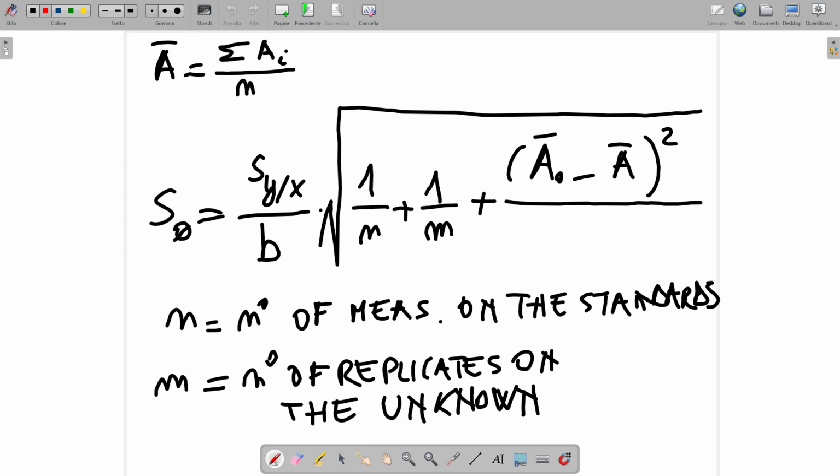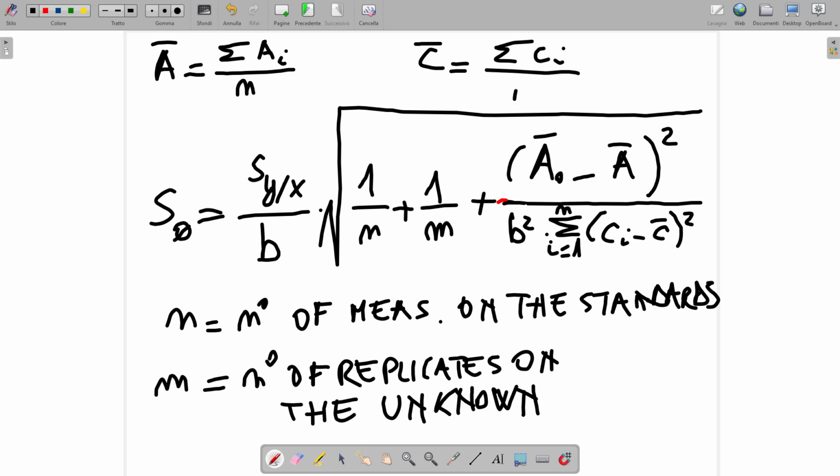In the denominator, you have again the slope, but it is squared, and it multiplies the sum for i going from 1 to n of these quantities, Ci, the generic concentration of the standards, minus C average, the concentration in the middle, squared. So C average is the sum of the concentrations of the standards divided by n. This is the formula.